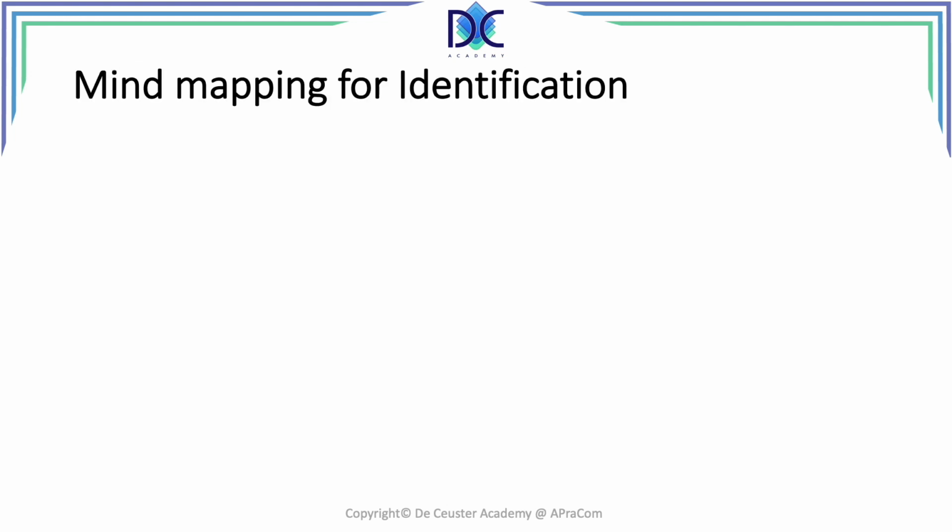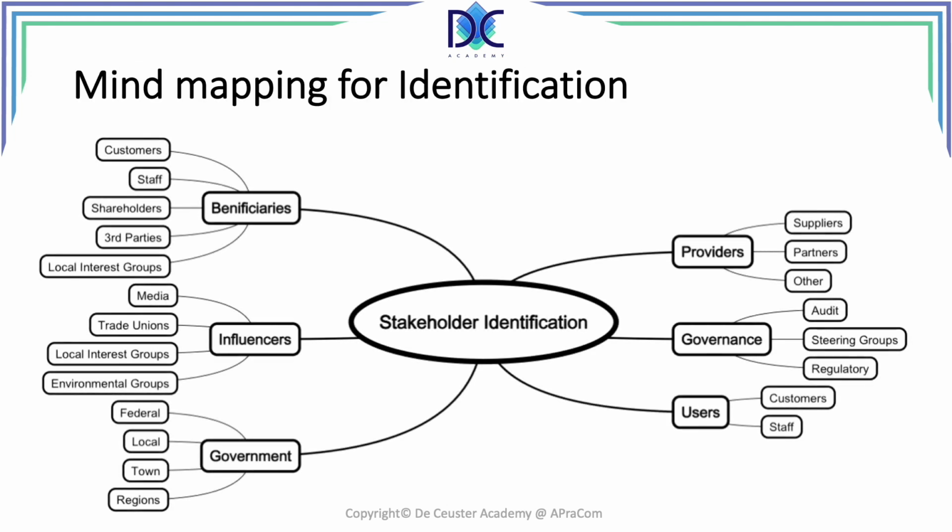Now, when we look at identification, we may have tools like mind mapping to identify stakeholders. We see here a number of categories that we can look at: beneficiaries, influencers, government, providers, governance, users, and we can find out different elements that we will be dealing with.